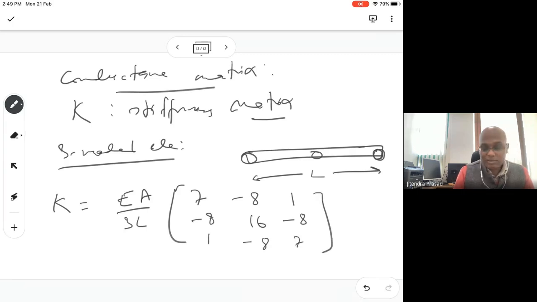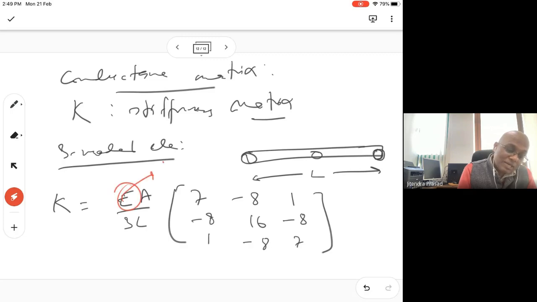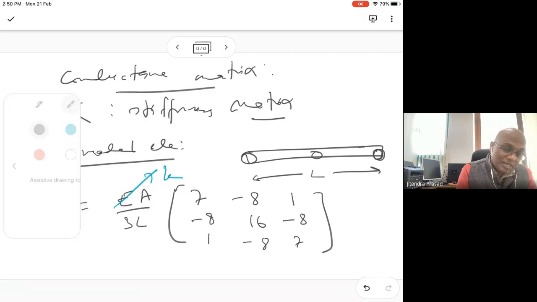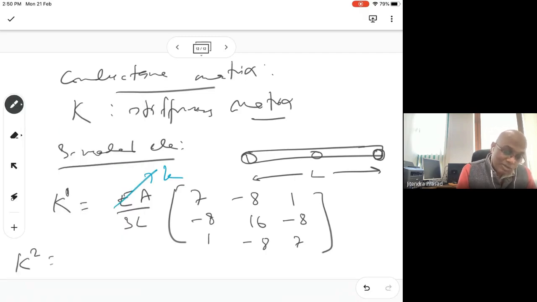Instead of E, you can have K, and the rest remains the same. So this is K1 for the first element, and K2 is Ka over L times 1, minus 1; minus 1, 1.